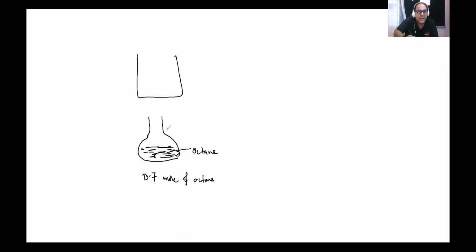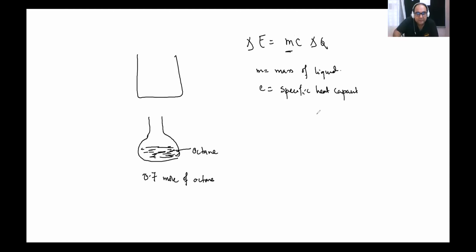Okay? So again, from here, we use this formula. The enthalpy change is equal to mc del theta. So m is the mass of liquid, c is specific heat capacity of water, and del theta is temperature change.